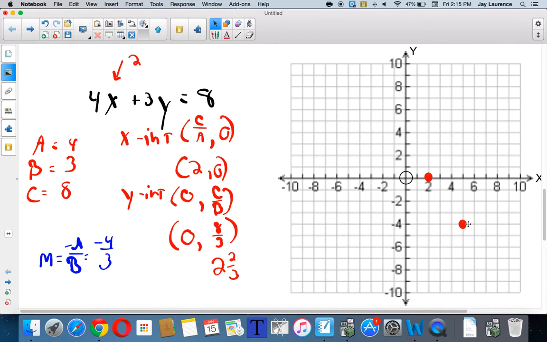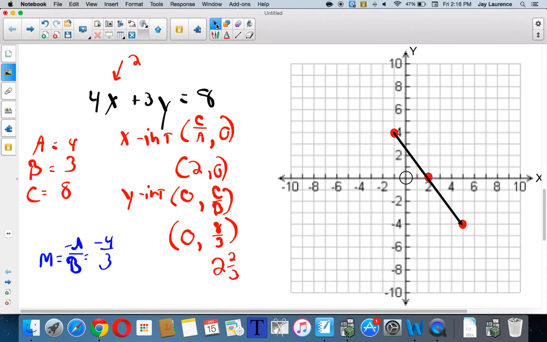Of course, I could go up 4, 1, 2, 3, 4, back 3 to the left. There we go. And here comes my line. So let me draw a nice pretty line. Okay, let me do it as best I can here. The more accurately I do it, the better it's going to look.